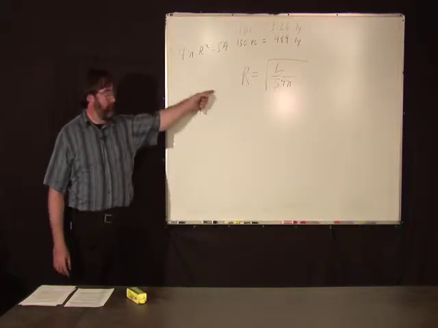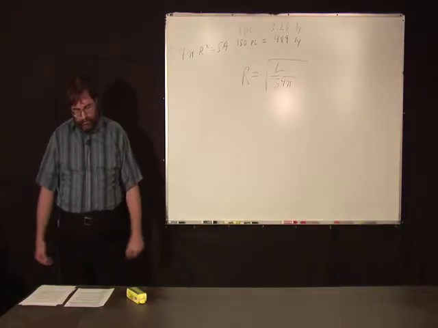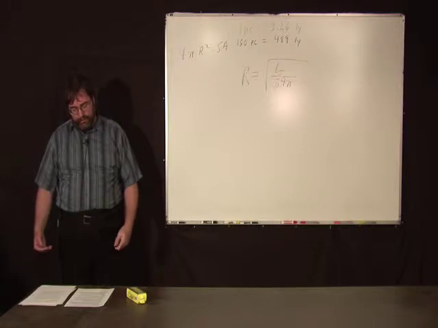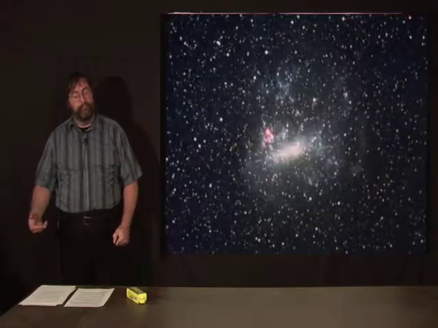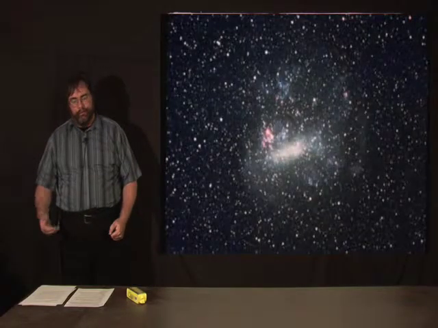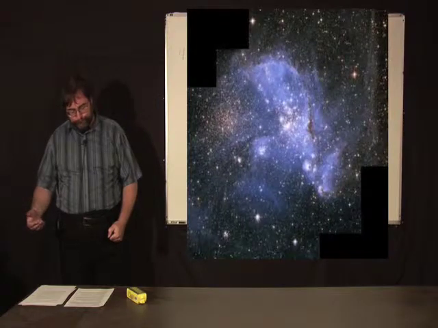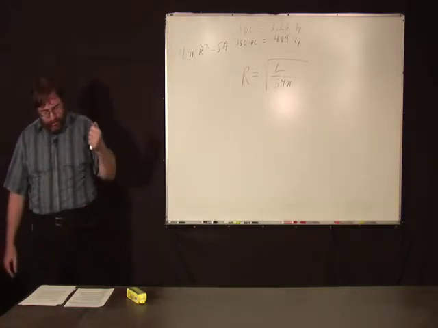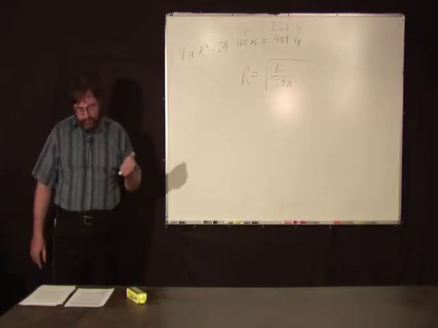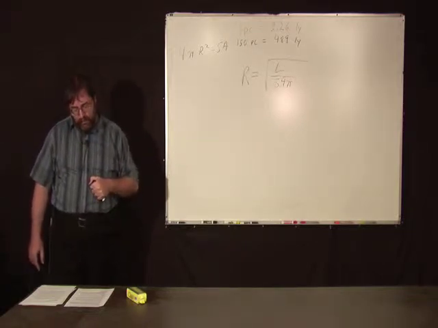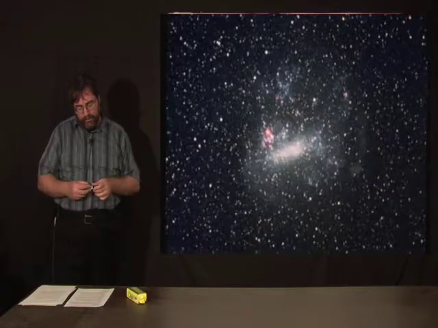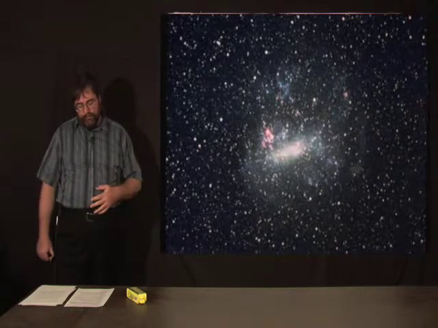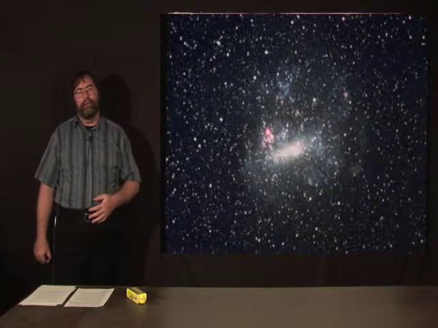Those galaxies are the Large Magellanic Cloud and the Small Magellanic Cloud. Doing this calculation on Cepheid variables in these two galaxies, we find that the Large Magellanic Cloud is 51,000 parsecs away, or 168,000 light years away.